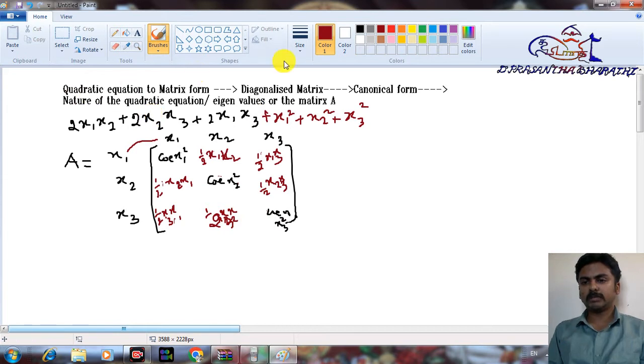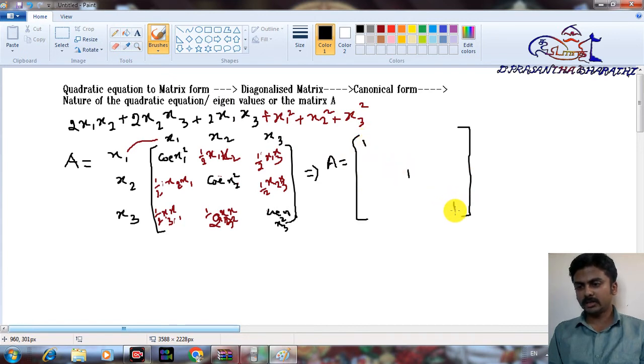So now the resultant matrix will look like A equal to this. The x1 square, x2 square and x3 square coefficients will be written as they are, not divided by 2, whereas the remaining elements' coefficients will be divided by 2, in the corresponding positions.